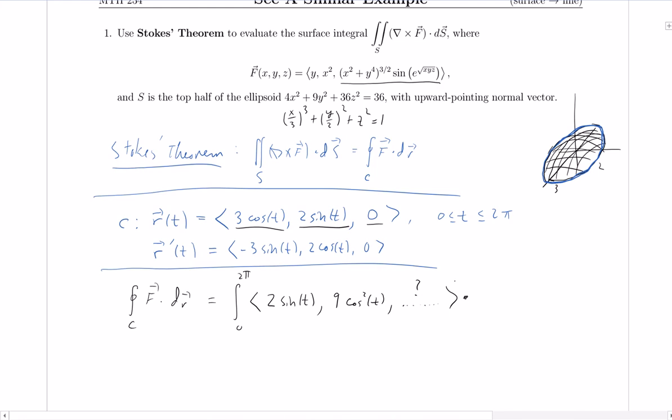Because now we need to do the dot product with dr. And remember, dr is just r prime dt. So we write r prime here.